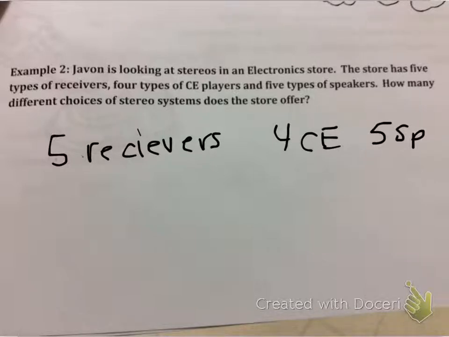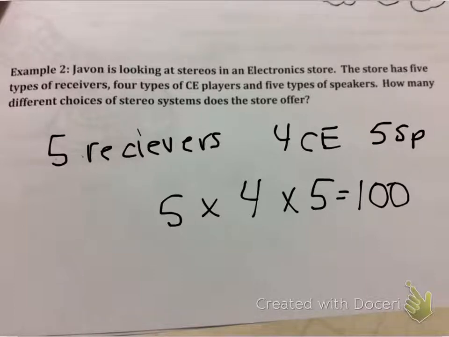So if I do 5 times 4 times 5, what would that be? 100. Good mental math. I like how fast that happened. So, therefore, there's 100 possibilities.